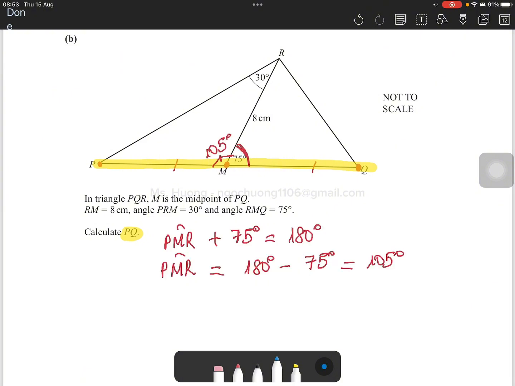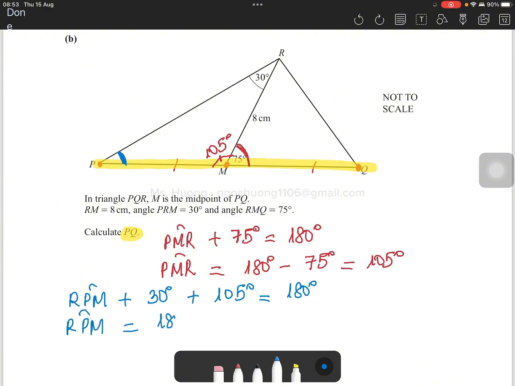Now, we also know that this is 30 degrees, so we can find the size of the angle P. RPM plus 30 degrees plus 105 degrees is also 180 because they are the angles in a triangle.